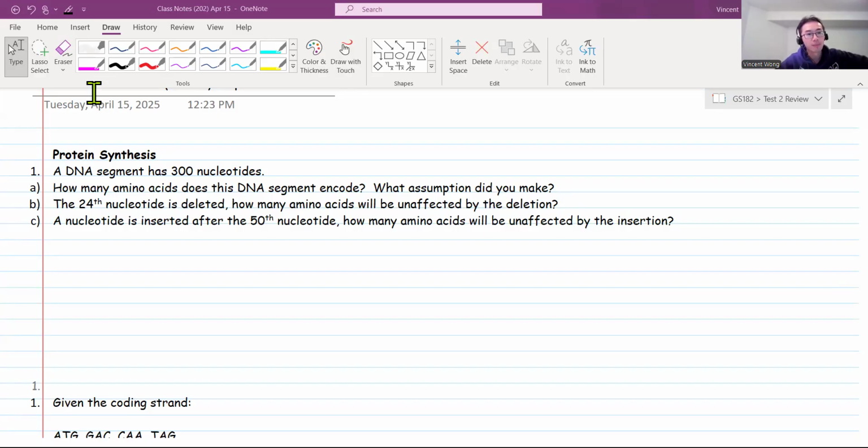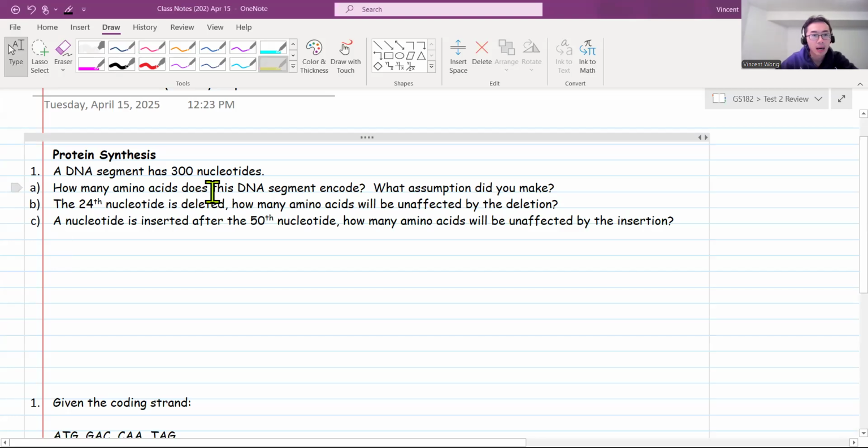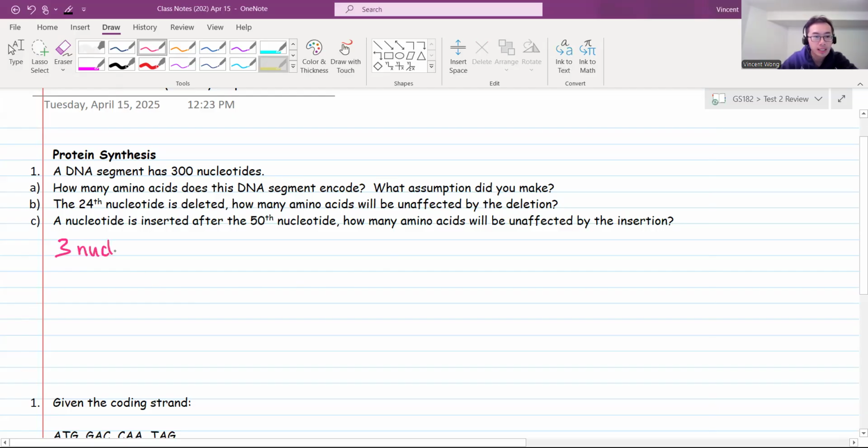Okay, this is lecture 7. A DNA segment has 300 nucleotides. How many amino acids does this DNA segment encode? What assumption did you make? The key thing to know is that 3 nucleotides equal 1 codon, and 1 codon equals 1 amino acid.